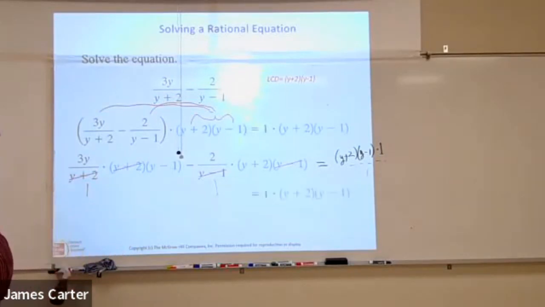Okay, so this thing, there's the rest of it. Here's the equation. After you got this 3y times the y minus 1, you got this minus 2 times the y plus 2. Then you got those 2 right there. Now, let me know when I can move forward.